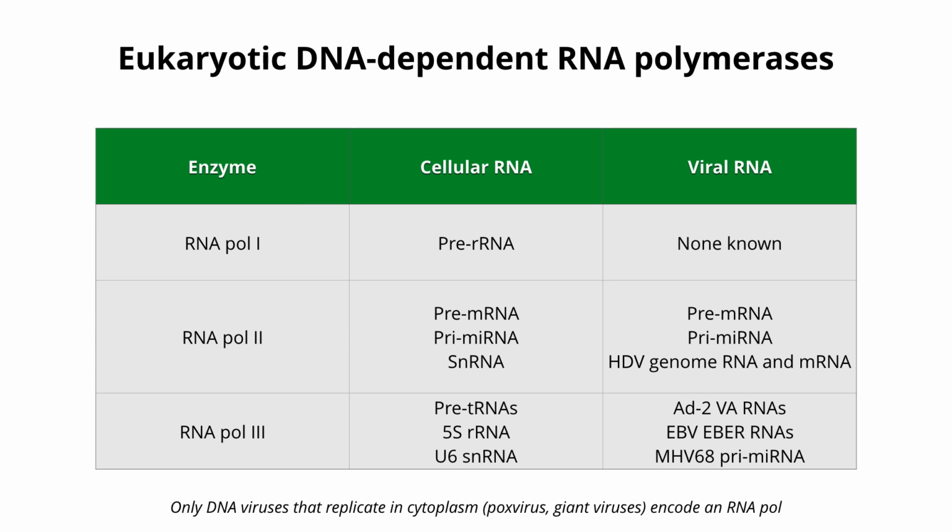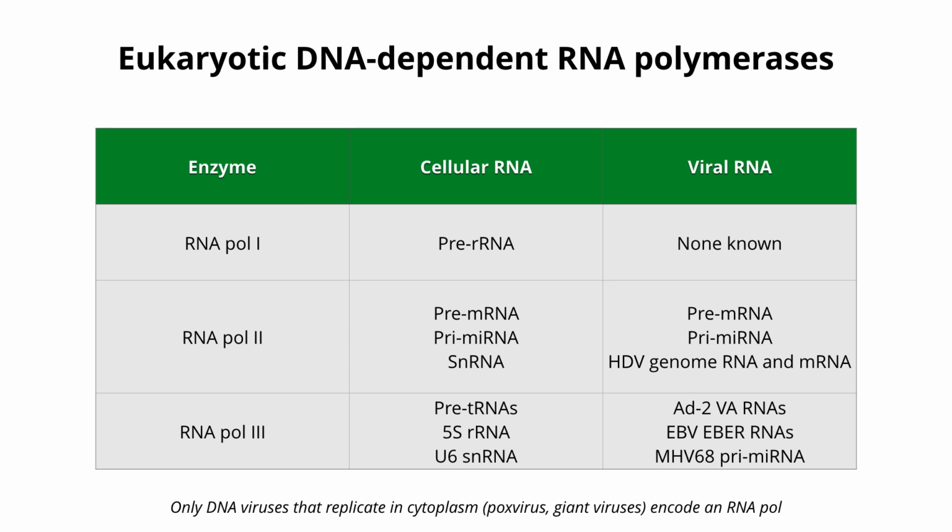Okay, that's pol 2. Pol 1, of course, makes the precursors to ribosomal RNAs, the RNAs that make up the ribosome. And as far as we know, no viruses need pol 1 to make their own RNAs. Of course, they need ribosomes to translate their messages, but we don't know of any viral pol 1 transcribed RNAs. Of course, that may be proven wrong any day.